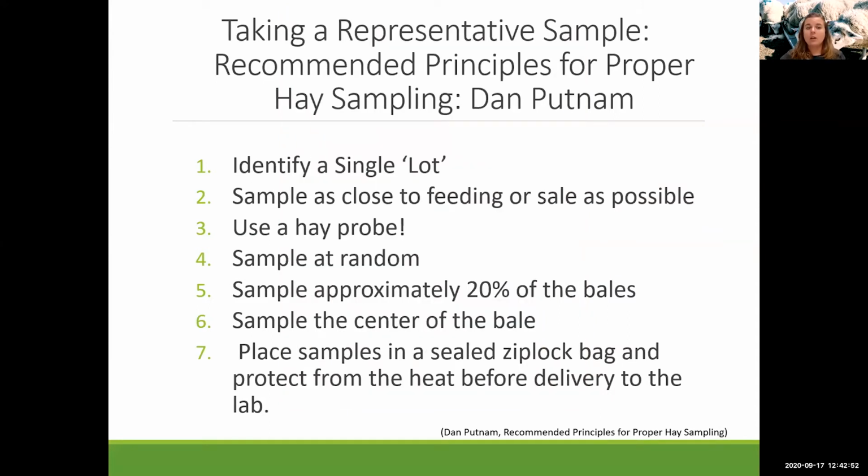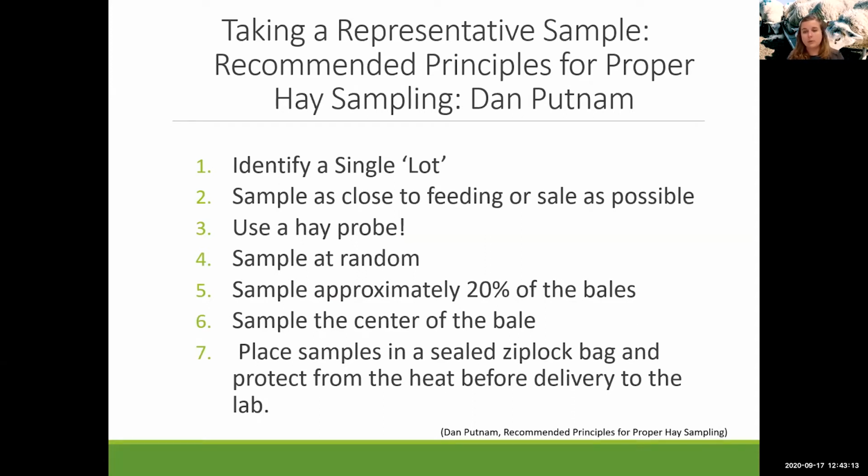Okay? So then the next thing, when I speak with customers all the time, they're asking me, how many different bales do I need to sample? And so the first part of that question is sample at random. So don't choose a bale that's really green and looks really good and only sample those bales.